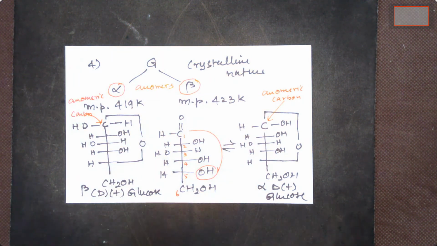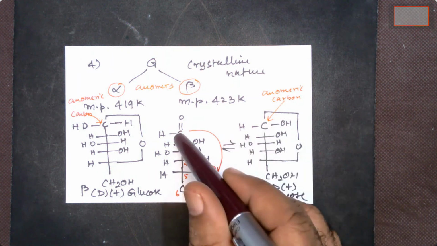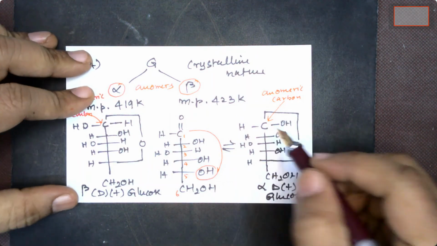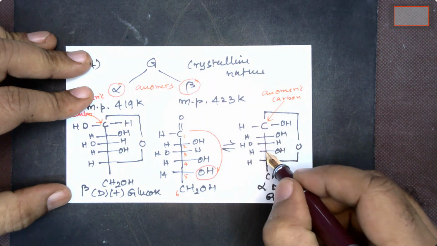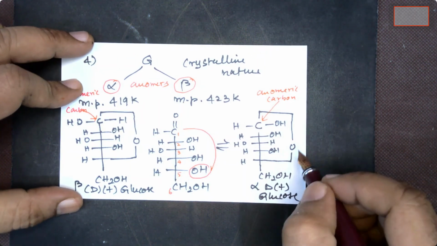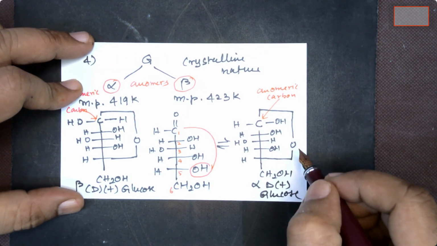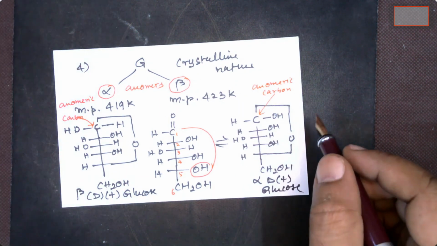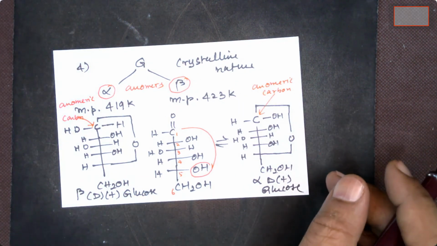and since it involves 6 members, for example 1, 2, 3, 4, 5, and this is 6. 6 is the heteroatom, oxygen. It is a 6-membered ring, and that is why it's called pyranose structure.